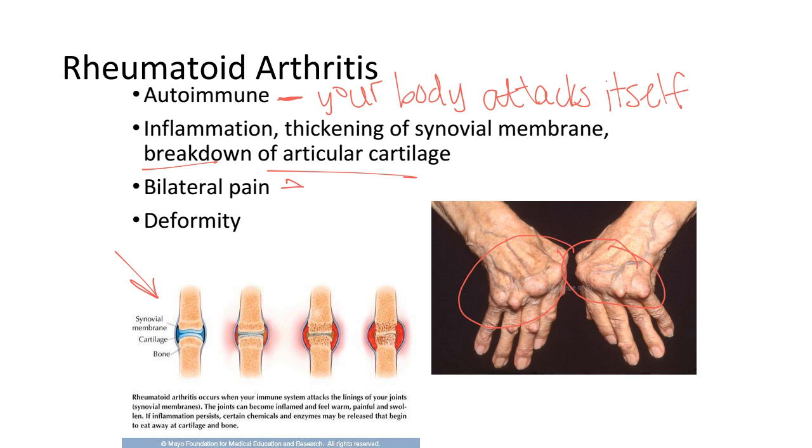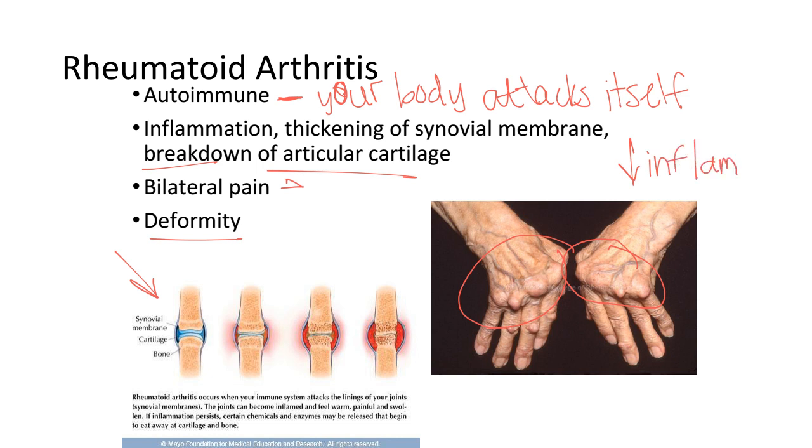Osteoarthritis doesn't have to be bilateral. And a lot of times rheumatoid arthritis, when it becomes very severe, will result in deformity because of that thickening of the synovial membrane and the breakdown of the articular cartilage. There is not really a treatment for this. Again, it's an autoimmune disorder. It's more of a management, really trying to bring down the inflammation.